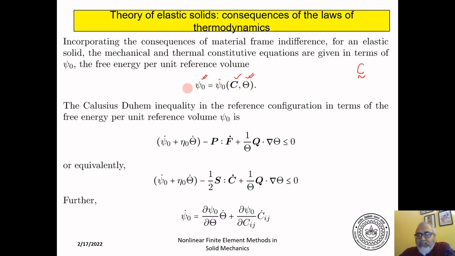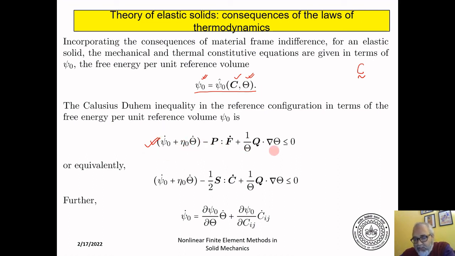So once you have framed the free energy in this way, this is the constitutive equation for free energy. We are assuming that our independent variables are C and theta, that is our input to the system, and psi naught is a derived, dependent variable that depends on C and theta. Now, this is the Clausius-Duhem inequality in the reference configuration.